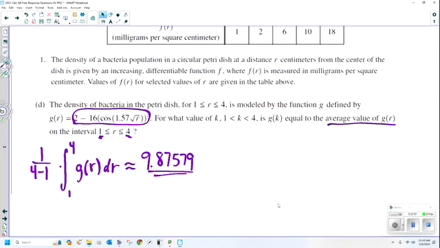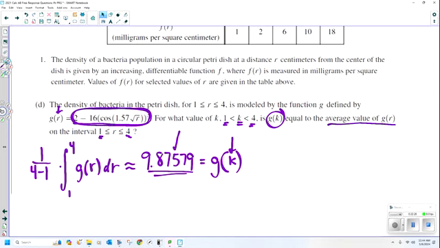G of k. There's some number between 1 and 4 that if I put it into this equation, this is going to equal G of some number that I put in here. So they're saying, what's this number? So you can still graph G of R. They're just replacing R with another variable K, which happens to be between 1 and 4. So I'm going to graph this without integrating it and see where it crosses this number.